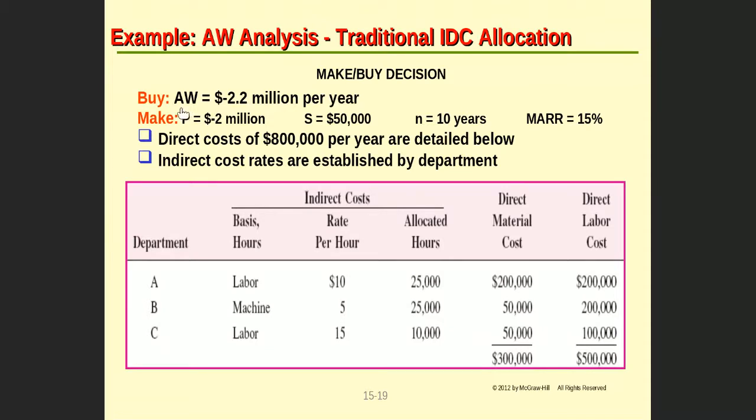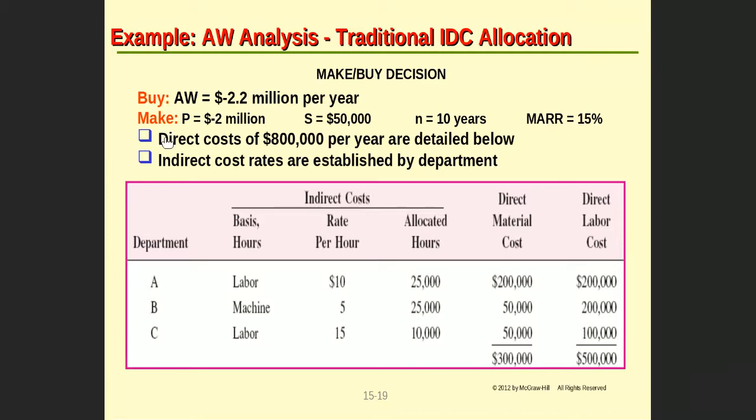Here we can see again the annual worth analysis. It can be implemented in the traditional allocation method. The making option has a principal cost of 2 million, salvage of 50,000, the number of years is 10, and the interest rate is 15%.